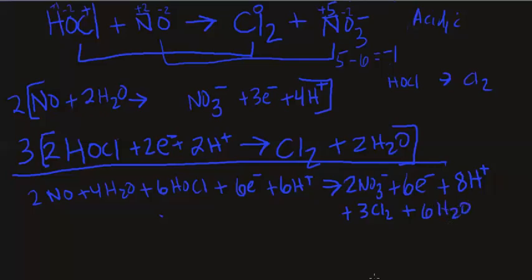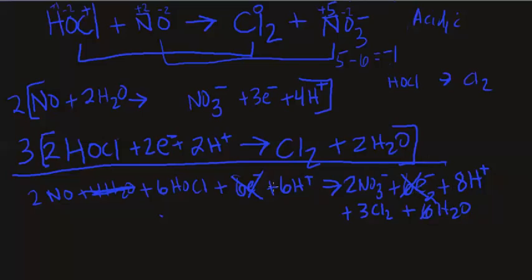All right, so we got this big long equation and it's kind of ugly, but let's look at this. So look, we have 6 electrons on the reactant side, 6 on the product side, so they cancel out. We have 4 waters on this side and 6 waters on this side, so we're going to cancel out these 4 waters, and we're going to be left with 2 waters.